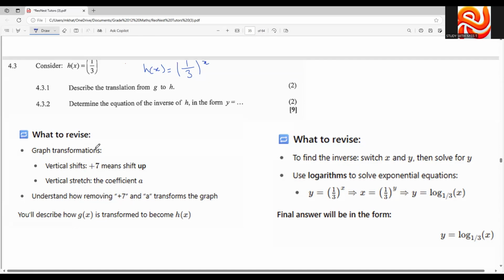And then on the x-axis, there was a translation by 1 unit to the right.